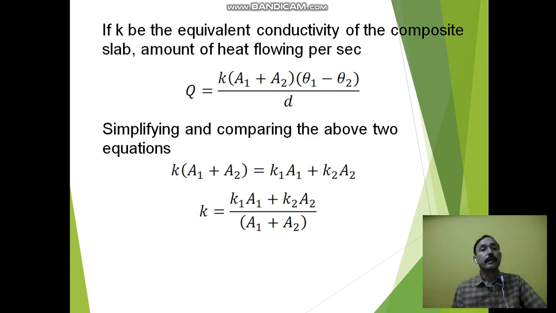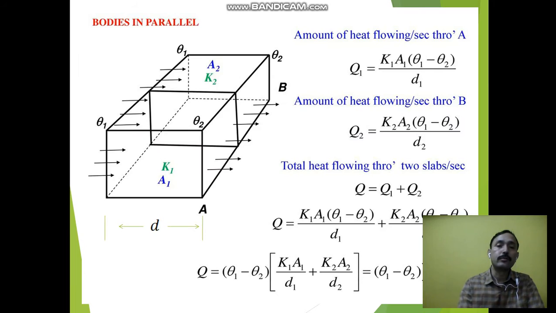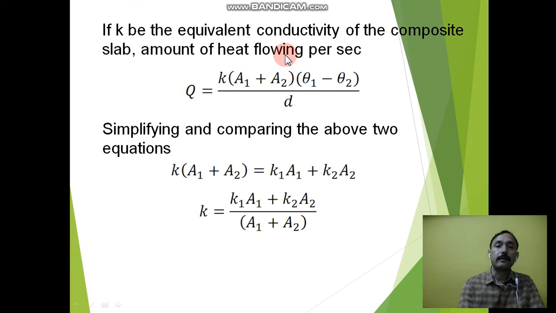Thus, if K is the equivalent conductivity of the composite slab, the amount of heat flowing per second will be Q is equal to K, the cross section area between these two, this part is A1 and this part is A2, so A1 plus A2, into the temperature difference theta 1 minus theta 2 by the width covered from theta 1 to theta 2, which is d.